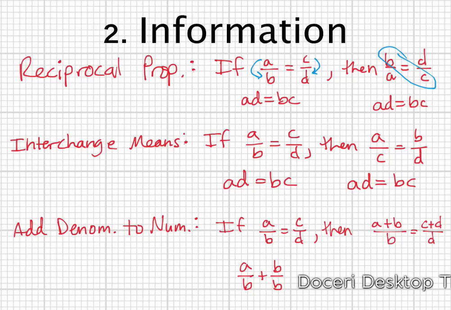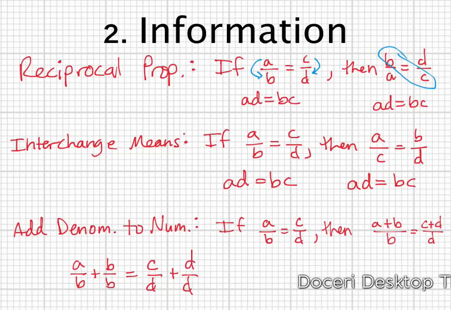And if I add 1 on both sides, instead of B over B, I add D over D. So if I say C over D plus D over D, B over B and D over D are just 1. So I'm just adding 1 to both sides. So my equation is still balanced. So that's why this works. Alright, so that's basically the major properties for our proportions here.